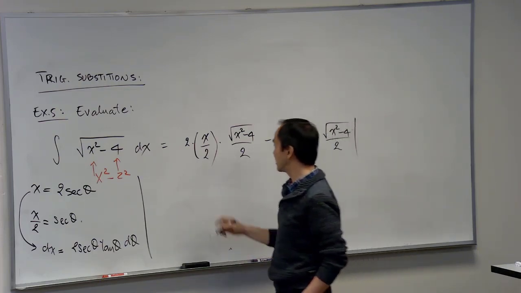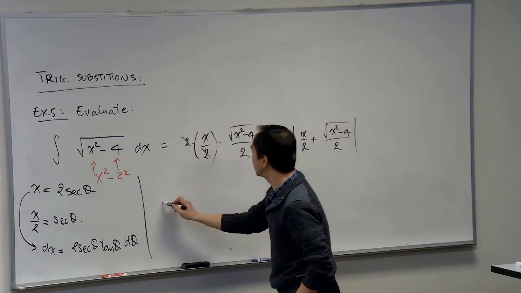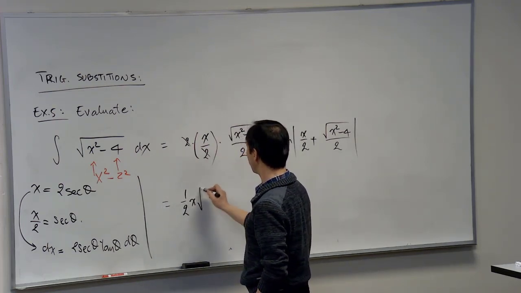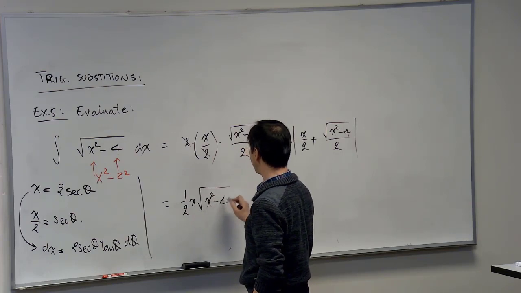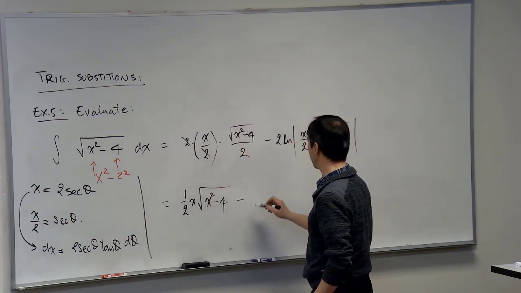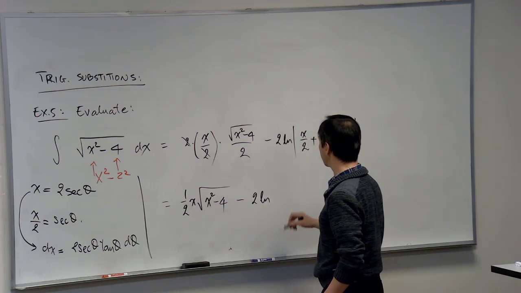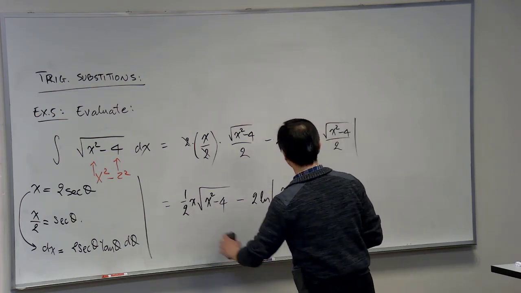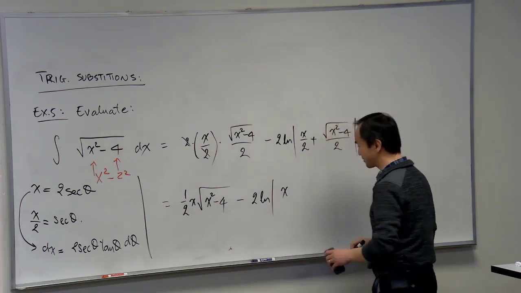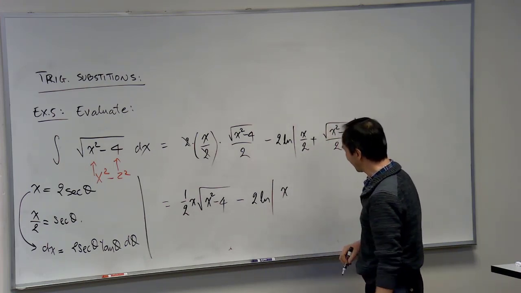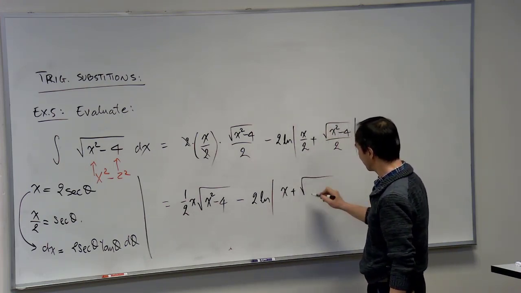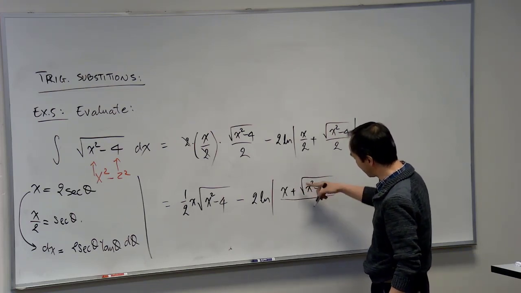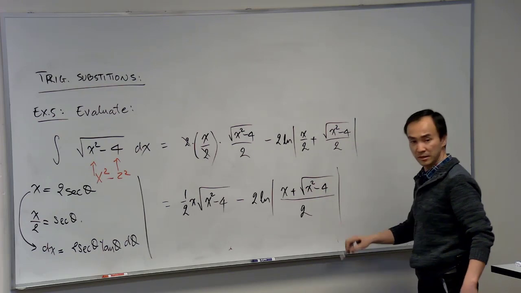Right, so in the end, we can cancel a few of these coefficients and making it 1/2 x square root of x squared minus 4, right? Minus 2 times natural log, and here's the next thing that's really nice. You can write this as x plus square root of x squared minus 4 all over 2. And then plus a c.